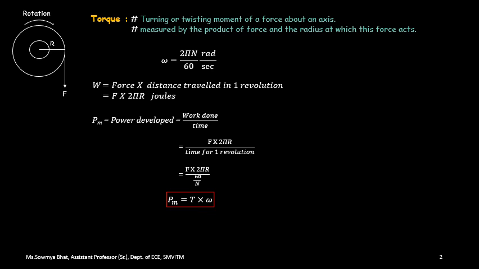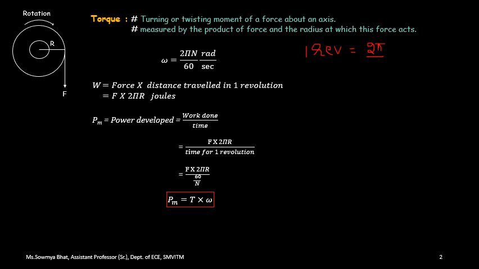You know when the wheel revolves for one particular revolution, it is equal to 360 degrees or 2 pi radians.